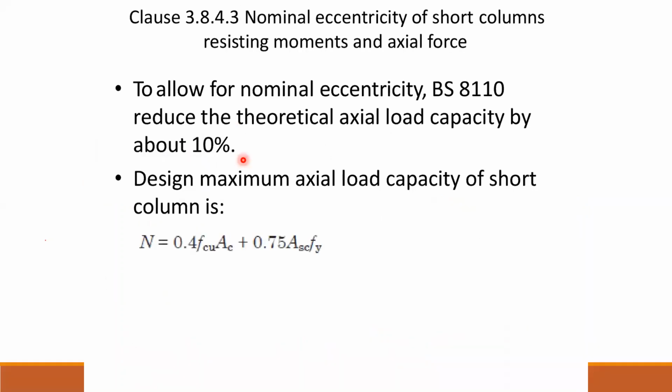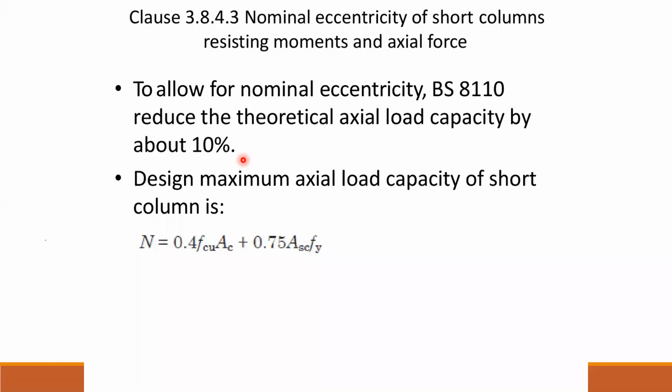Clause 3.8.4.3: nominal eccentricity of short columns resisting moments and axial forces. To allow for the nominal eccentricity, BS 8110 reduces the theoretical axial load capacity by about 10%. So what does that mean? If there is an eccentricity in the columns, at least you can over-design 10% of the load that you can have within the system.